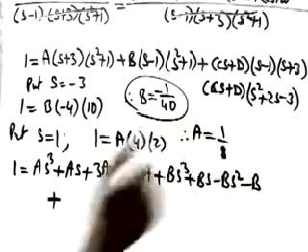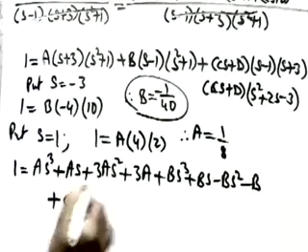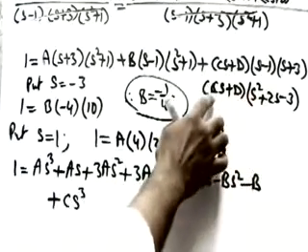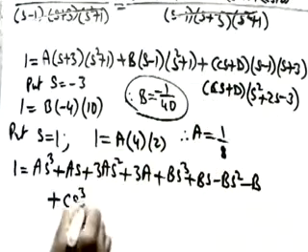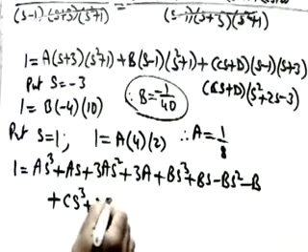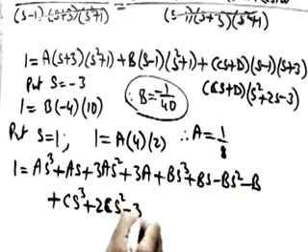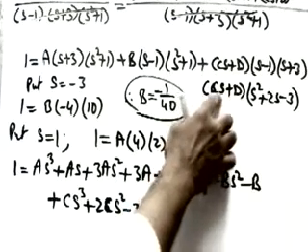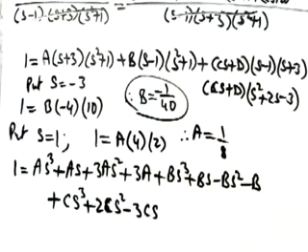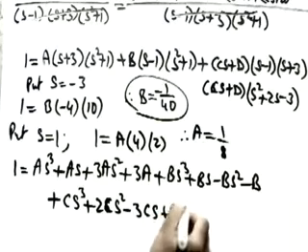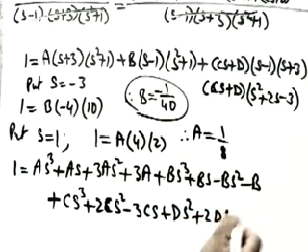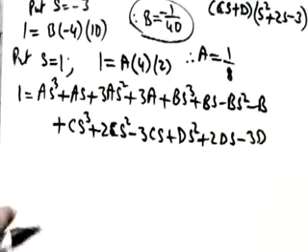Now let me multiply this. cs into s square will be cs cube, c into 2 is 2c s, cs into 3 is 3cs. Now you multiply with d: d plus ds square plus 2ds minus 3d. Now after multiplying, you have to compare the coefficients.